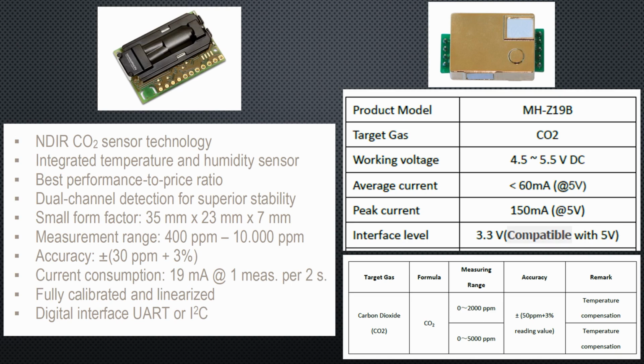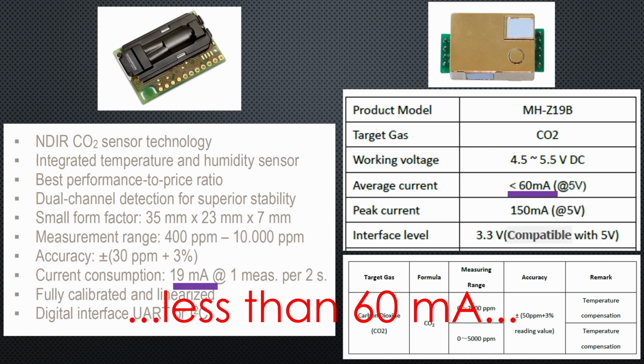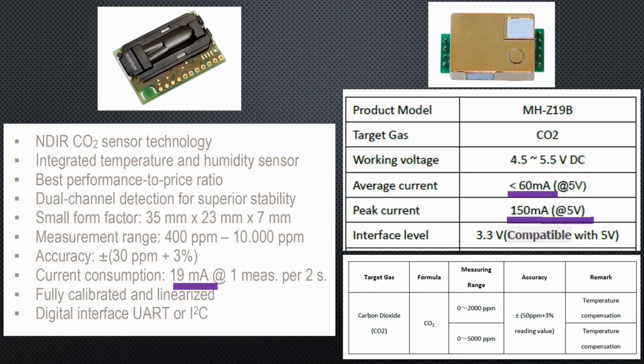According to the datasheet, the SGP30 consumes 19 mA and the MH-Z19 consumes more than 60 mA with peaks up to 150 mA. And both should not be switched off. So battery-operated devices would need a massive battery.